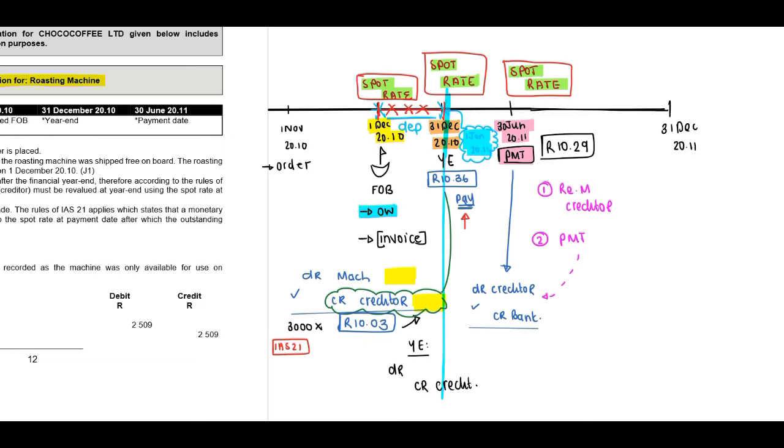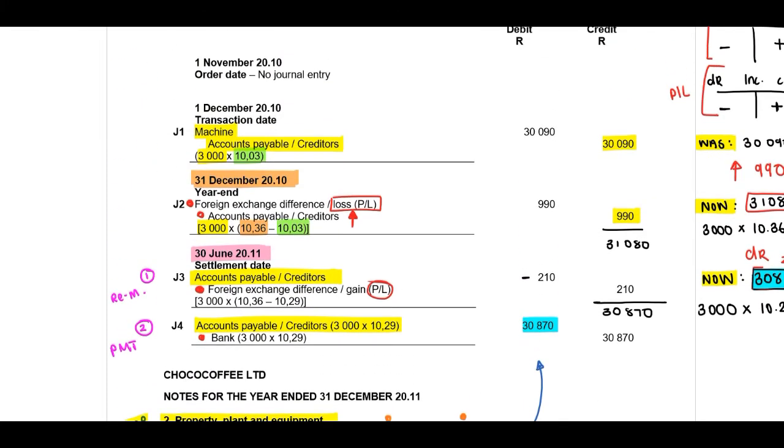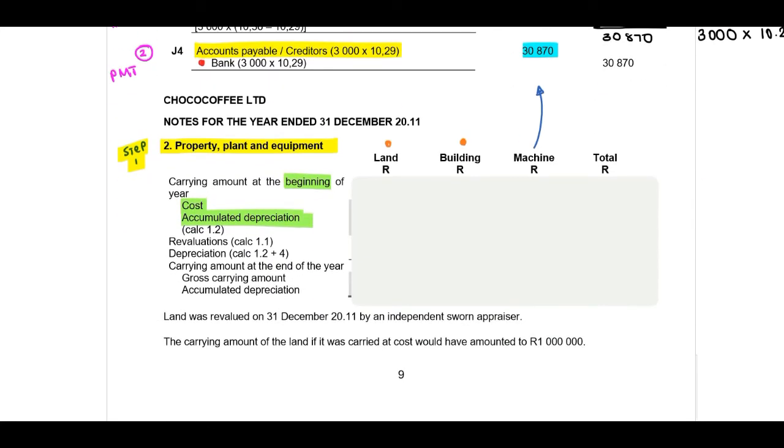If you look at our journal entry at the top of this page, we have debited our machine with 30,090,000. Therefore, in our PPE note at the beginning of the year, our machine will have a value of 30,090,000. No depreciation yet. Remember, we've identified no depreciation yet.